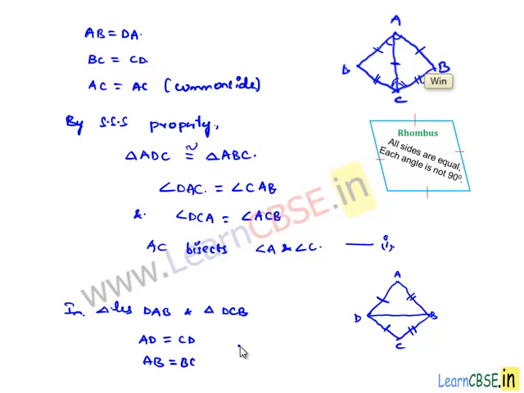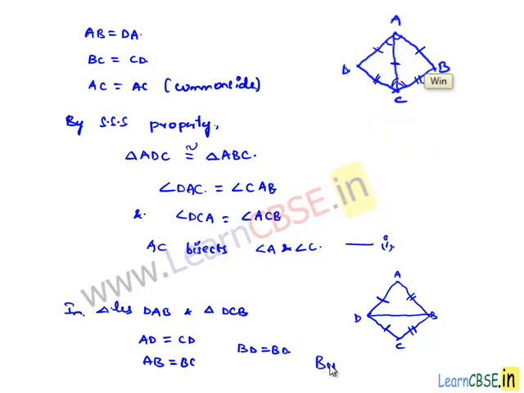And here if we observe, BD is common side for both the triangles. So here, as three corresponding sides in both the triangles are equal, by SSS property we can say triangle DAB is congruent to triangle DCB.